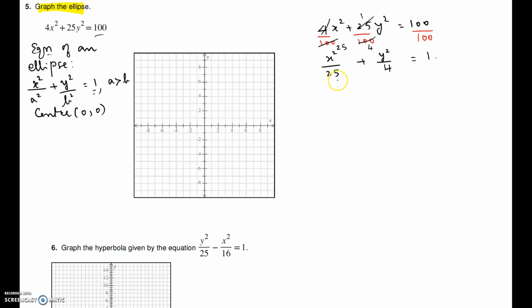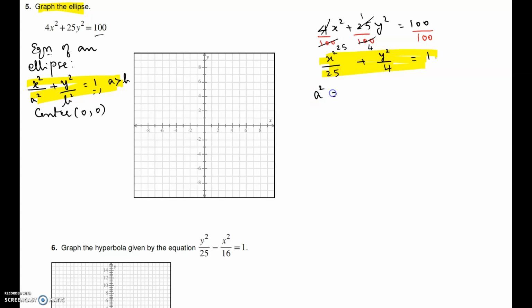Now comparing this with the standard equation that we have written here, x squared over a squared plus y squared over b squared equals 1 with a more than b. So we have a squared, which is right under x squared, more than the value right under y squared.